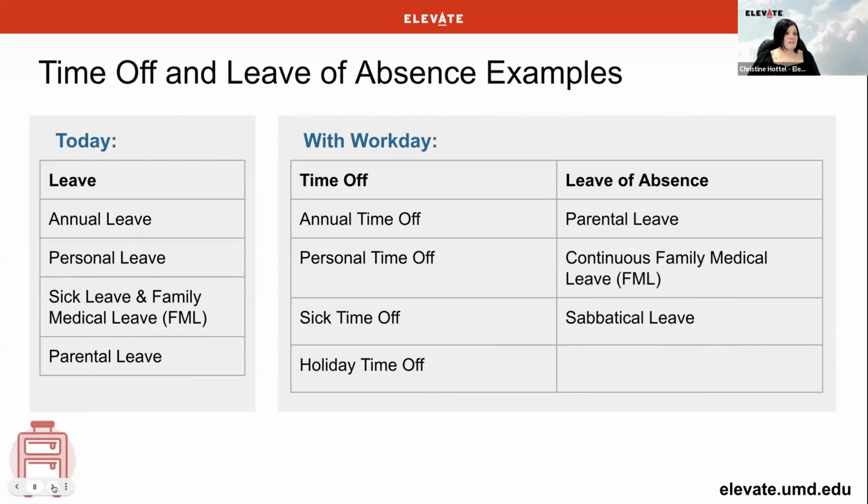Generally, your annual time might be vacation, or maybe you're taking some sick time for a doctor's appointment. Those are examples of what we define as time off. Leaves of absence are those extended periods where you're out on a continuous basis. So parental leave, continuous family medical leave, and sabbatical leave. Those are examples of what we define as a leave of absence.